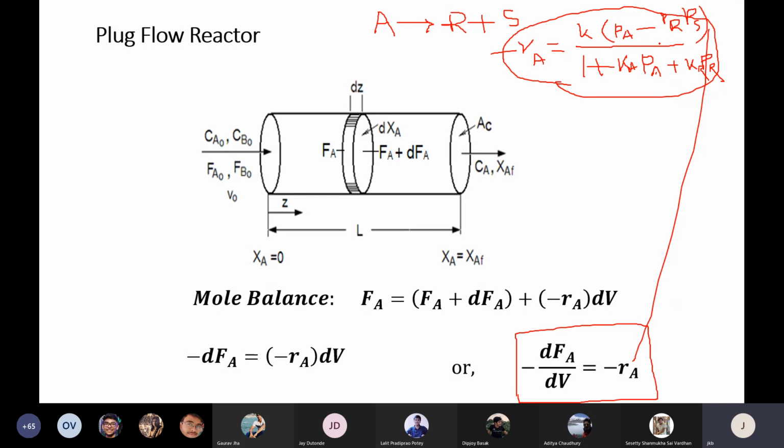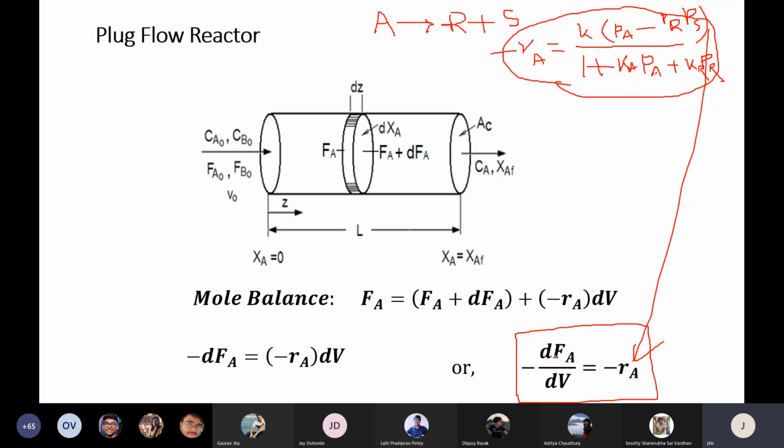So the integration is difficult. We cannot find the integration, so this rate equation we can substitute directly here. But it is a function of partial pressure terms PA, PR, PS, etc. Then how do you solve it?